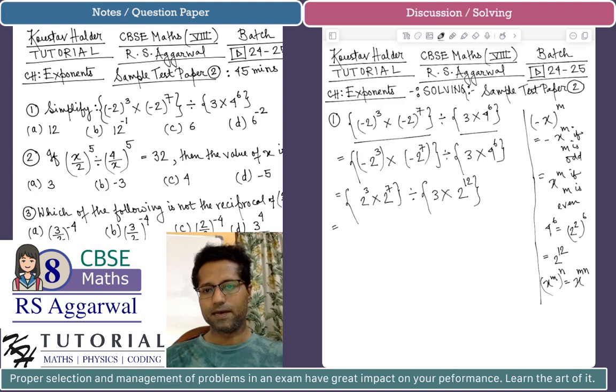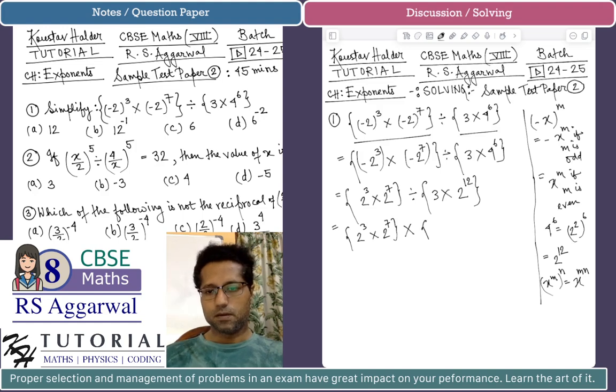Now we can apply the division operator. Now we know that we have 2 cube multiplied by 2 to the power 7. Now division operator can be replaced with a multiplication operator, and the divisor will get replaced by its reciprocal.